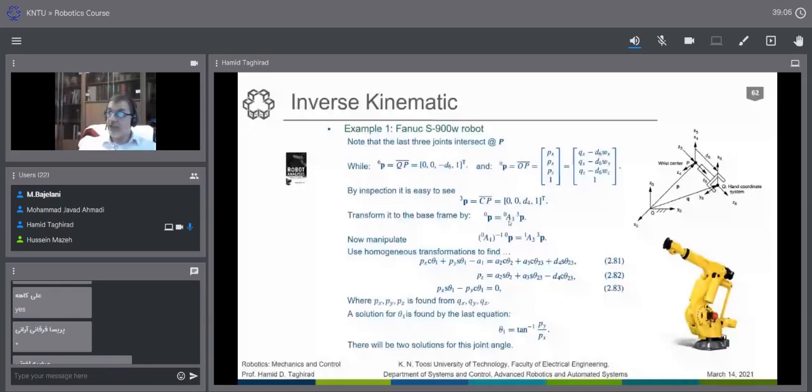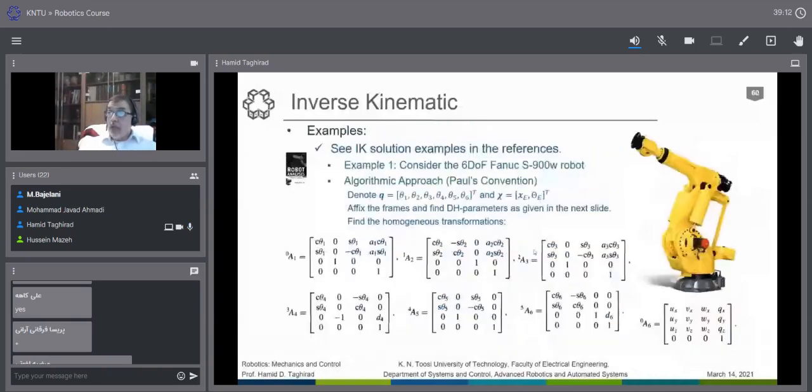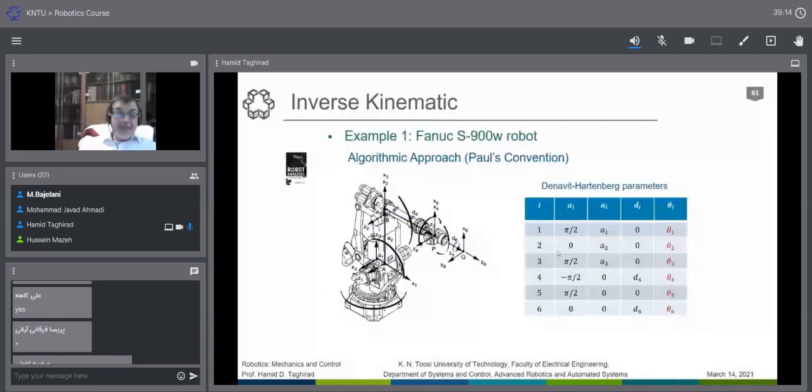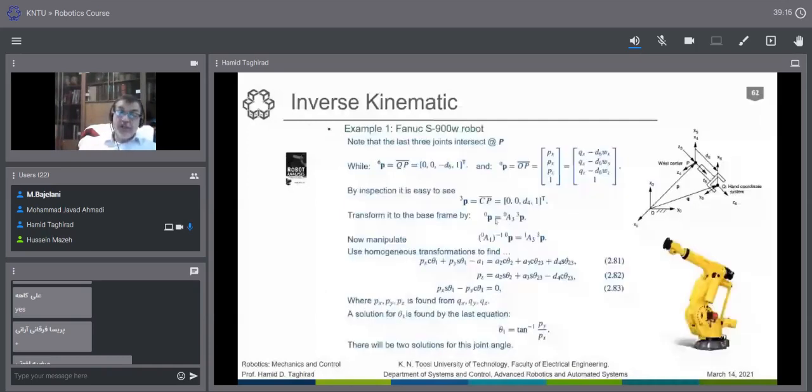These three consecutive terms are only a function of theta 1, theta 2, and theta 3. But making it a bit smarter, instead of manipulating all these three together, we can keep one of them out. We can bring A1 to 0 inverse to the other side of the equation.